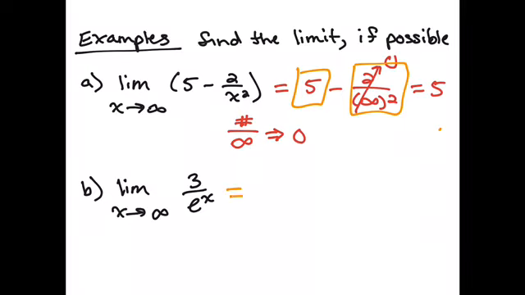Okay? We're going to do direct substitution on this one as well. 3 over e to the infinity. e is greater than 1. So if I take a number greater than 1 and I raise it to an infinite power, what am I going to get? Zero. Positive number. Okay. It is a positive number.